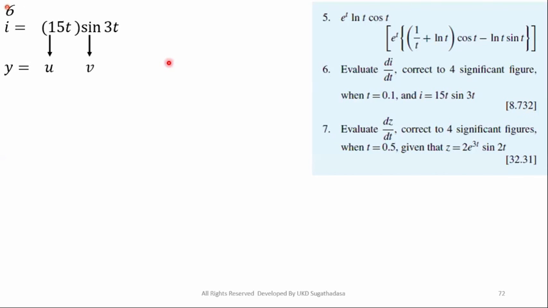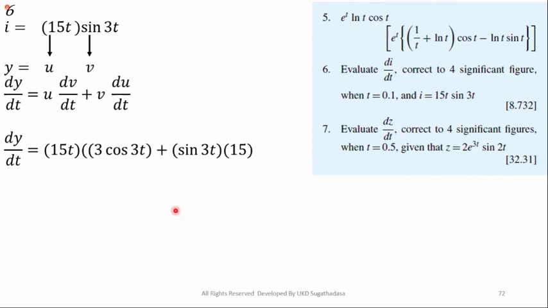Just take 15t as u and sin 3t as v. Then differentiate, very simple. uv: u is 15t, dv by dt of sin 3t is 3 cos 3t, plus v is sin 3t, and the differentiation of 15t is 15, because it's in the variable t, di by dt, not x.